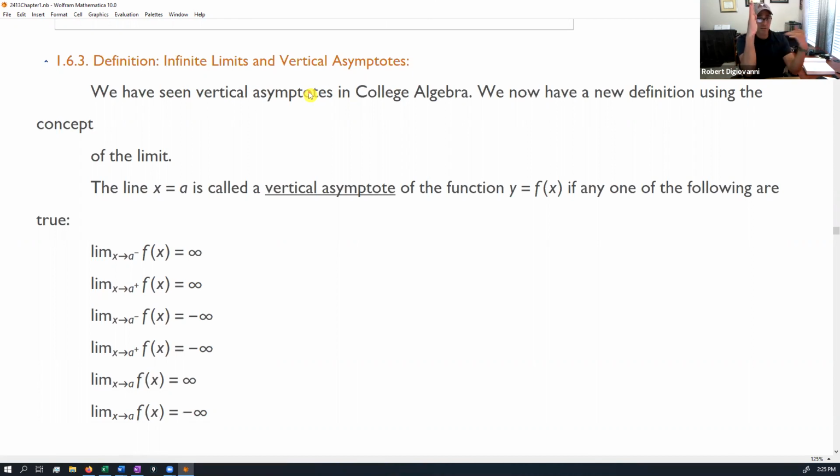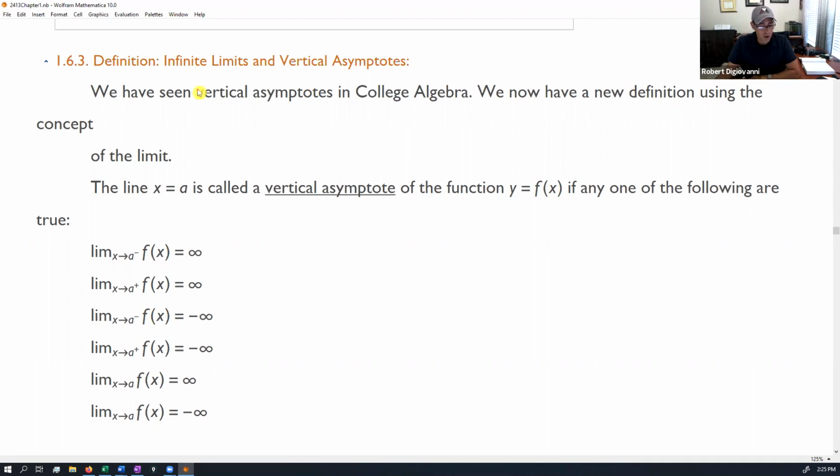Those are called vertical asymptotes. In a calculus class, those are these infinite limits. It's where our graph, as we approach a number, from one side dives down, maybe the other side goes up, or maybe they both go down or both go up. Anywhere you have a vertical asymptote, you're going to have an infinite limit.